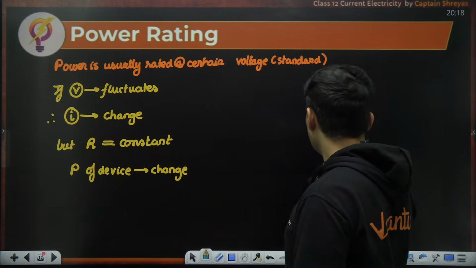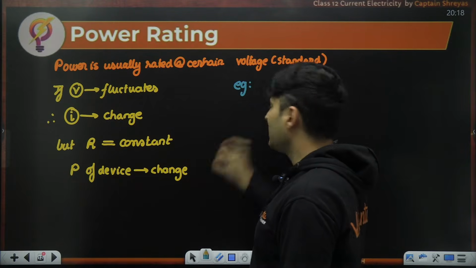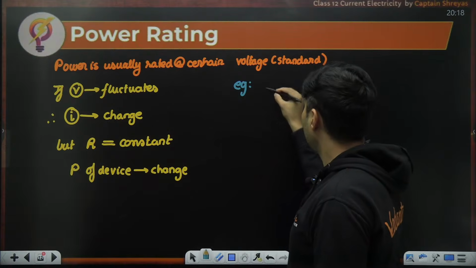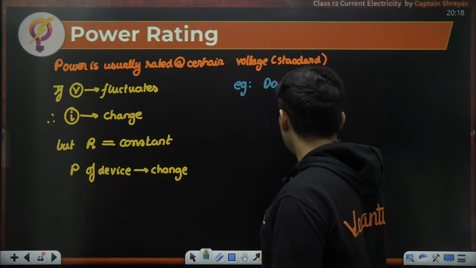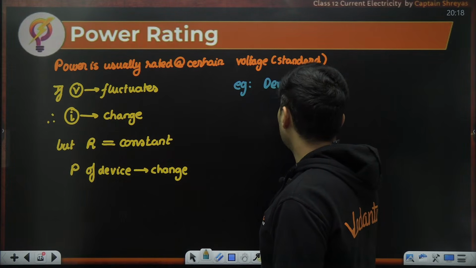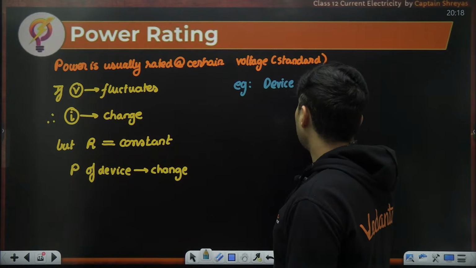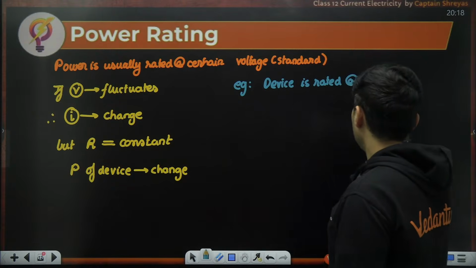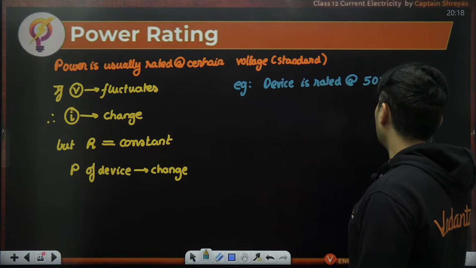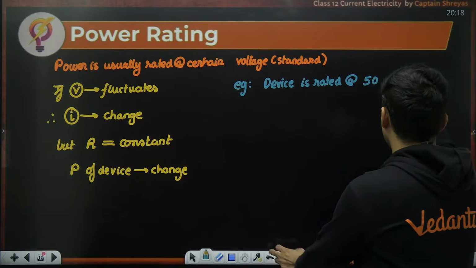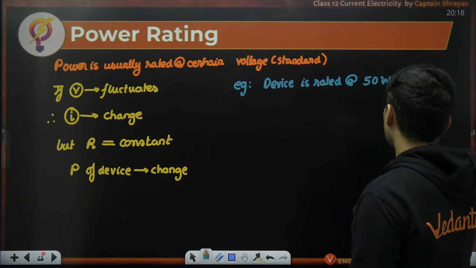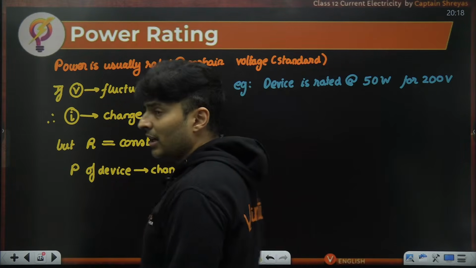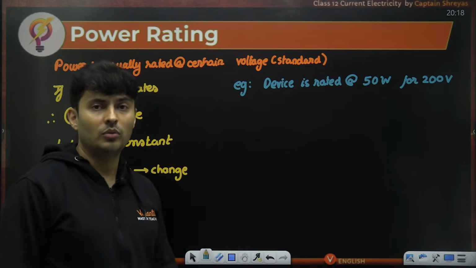Let me explain this to you with a simple example. Imagine a bulb or a device, a fan, a motor, anything, some device. It could be a bulb, anything, guys. It could be a motor, whatever. So the device is rated at maybe 50 watts for our regular supply of 200 volts.